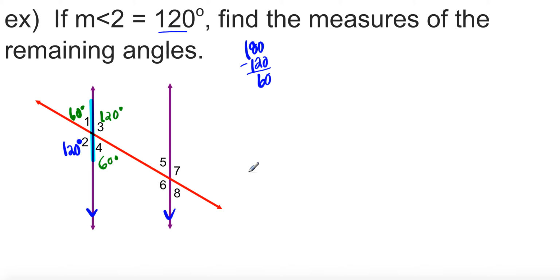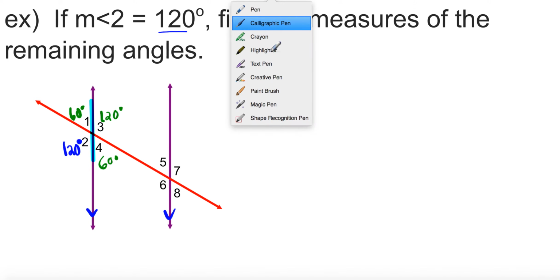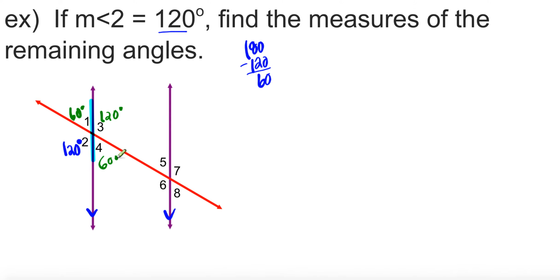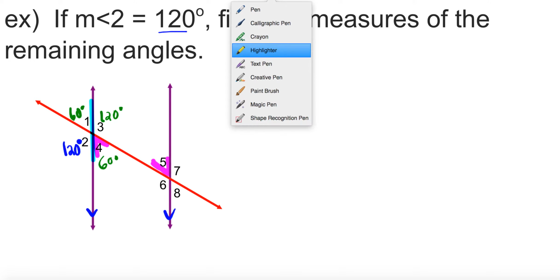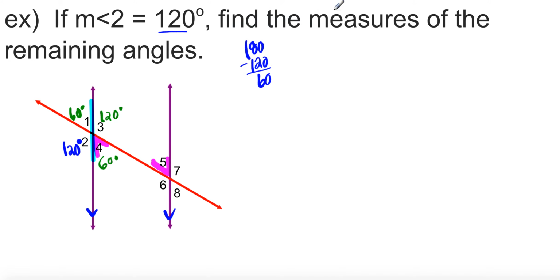I kind of like alternate interior because they're congruent, so I don't really have to spend time adding and subtracting. So I know that angle 4, let's see if we can get the highlighter here. Here's angle 4 and angle 5. Those are in between the purple lines and they're on opposite sides of the transversal. So that makes those two alternate interior. So angle 5 is 60 degrees. And 3 and 6 are also alternate interior, so that's 120 degrees.